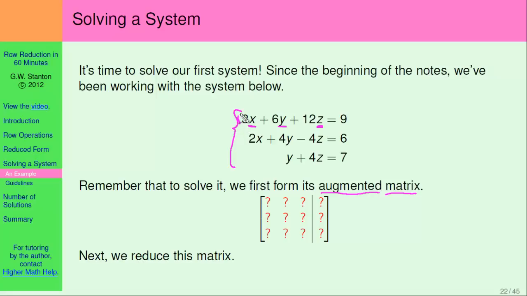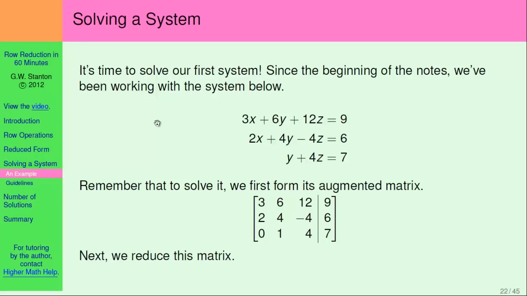So in the first equation we have 3, 6, 12, and 9, and that becomes the first row in our matrix. And then we do the same for the other equations. So let's see how that looks.